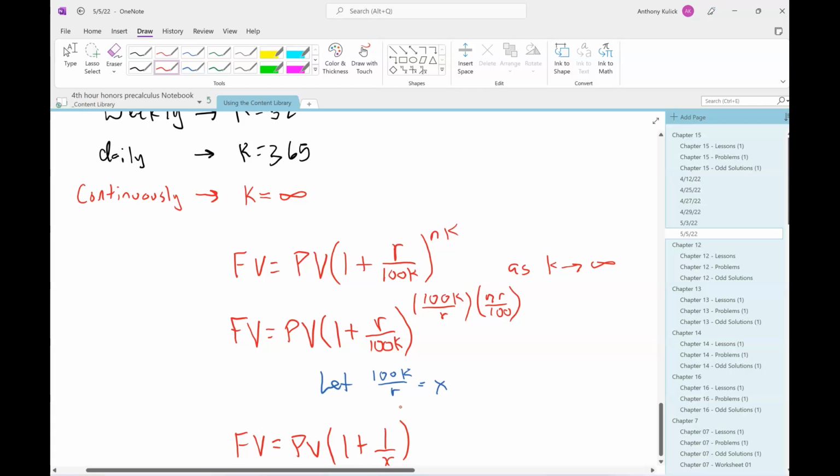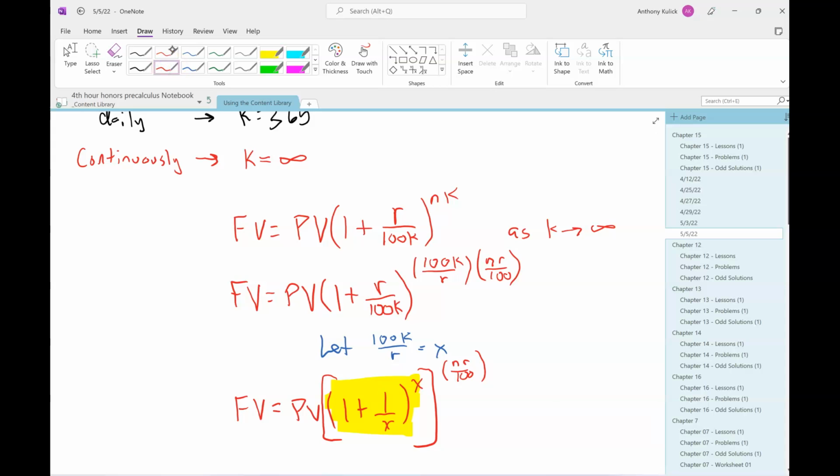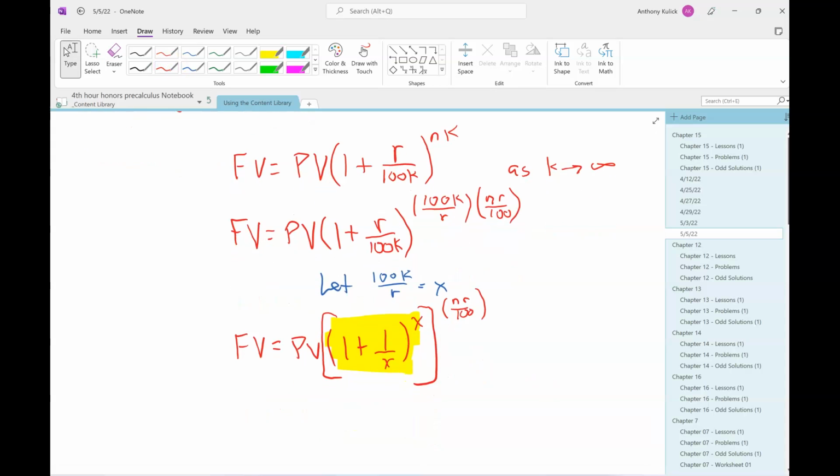Everybody's cool with that? And then I have 100k over r, so that's going to be my x. And I'm going to just write this as an exponent of an exponent since it's being multiplied. It's the same thing. Everybody's cool? Who recognizes this? Anybody?